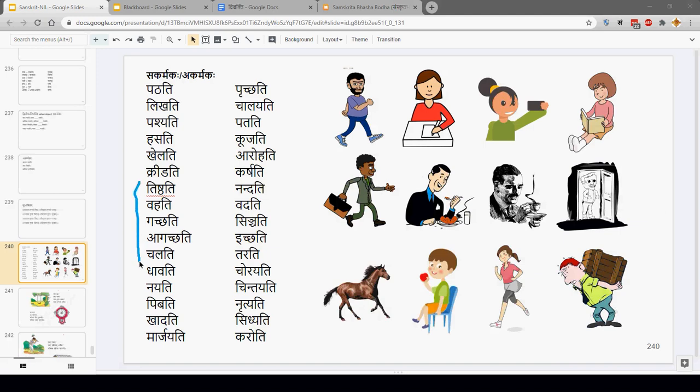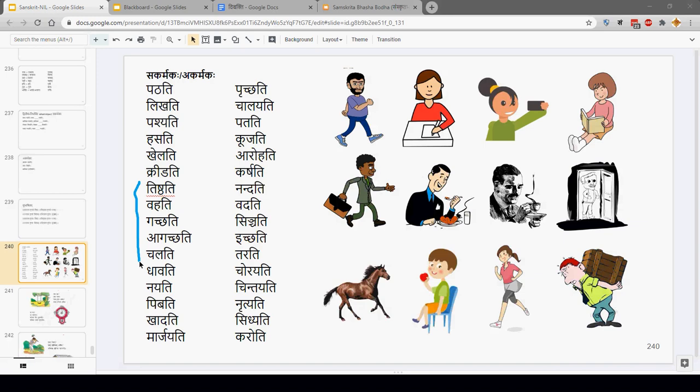Okay, next, the fifth or sixth. Transitive or intransitive? Tishtati is intransitive. And Vahati is intransitive.